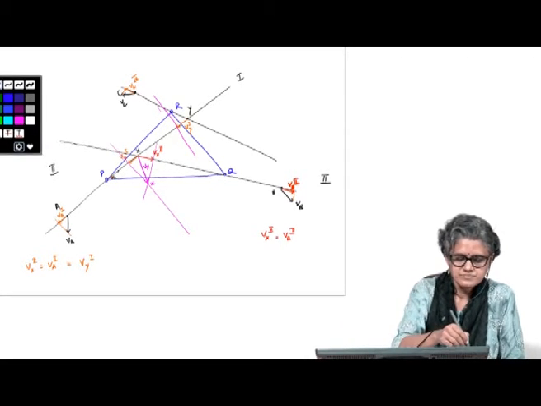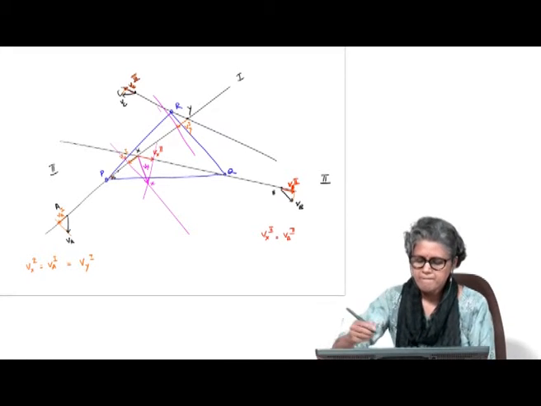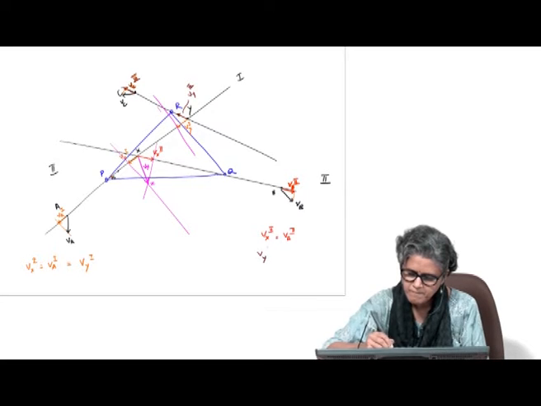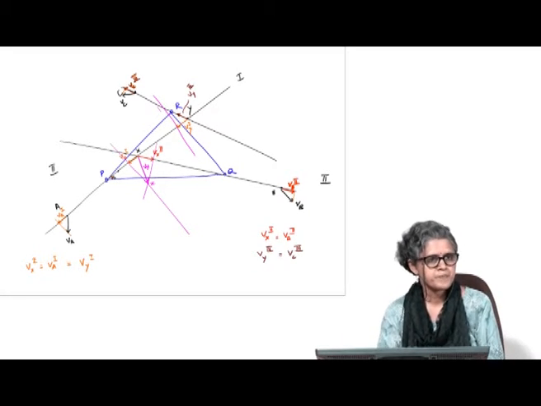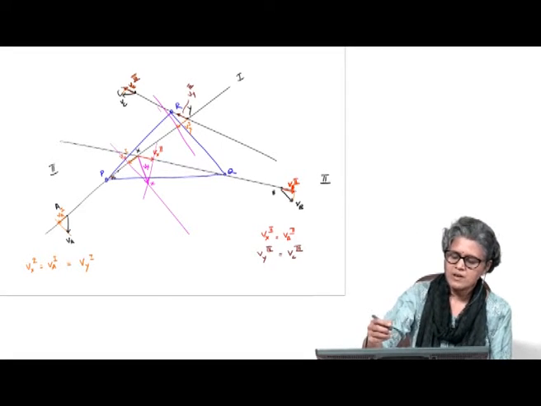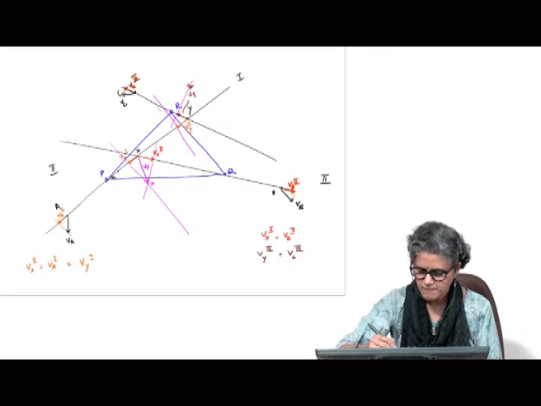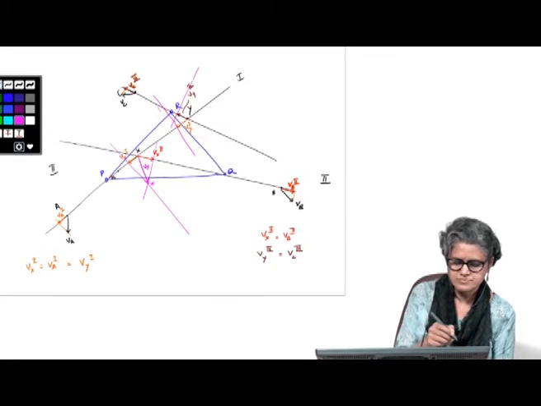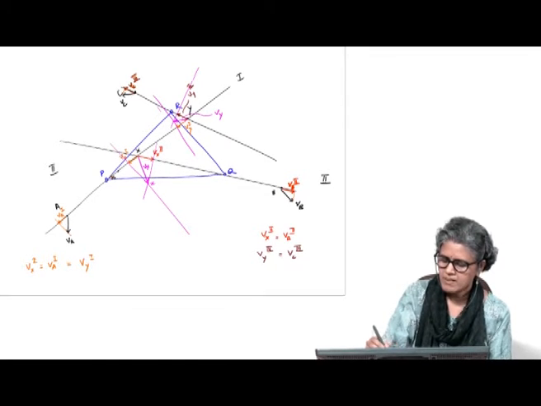Then the other component is VC along 3. Now I can construct the other perpendicular to this, which gives me the velocity of y.